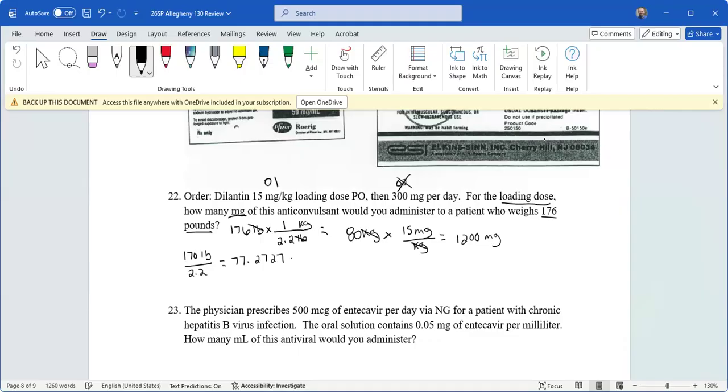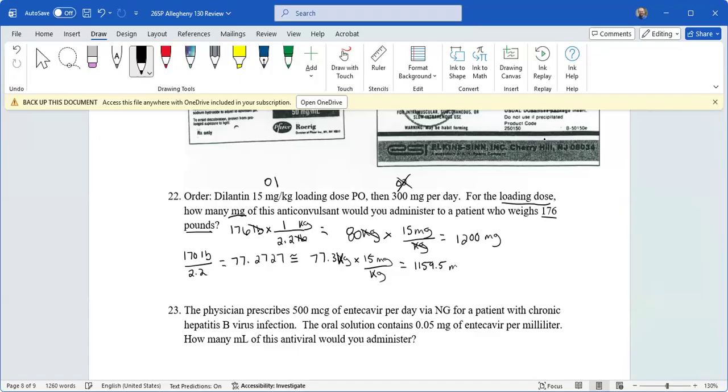What I typically do, and what I've been told, is that you would just round this to the nearest tenth and then do your calculation. So that's 77.3 kilograms.